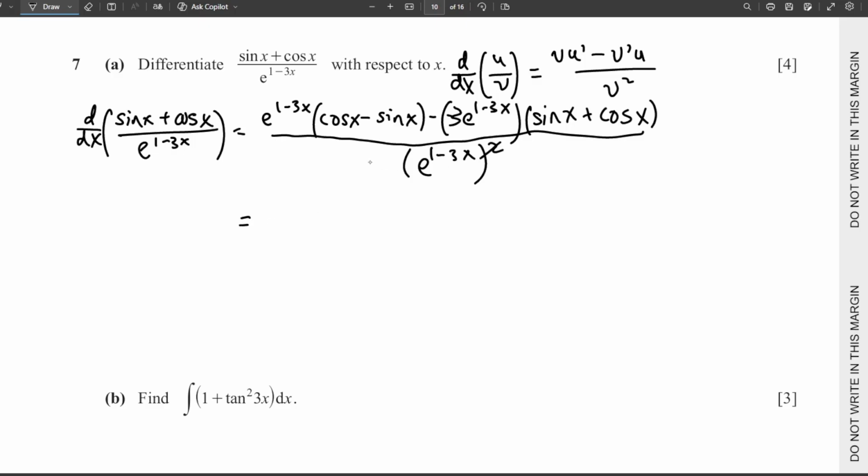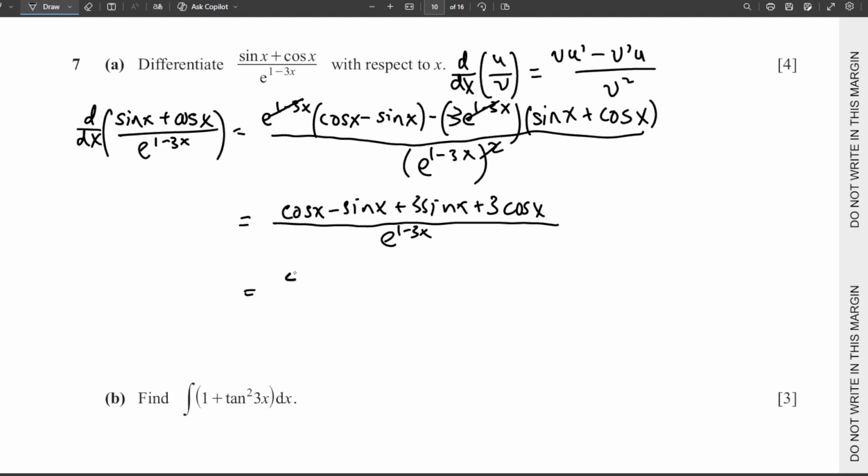Since this is squared, one factor of e to the 1 minus 3x can be removed from both terms, and you're left with cosine x minus sine x plus 3 sine x plus 3 cosine x, divided by e to the 1 minus 3x. So 4 cosine x plus 2 sine x over e to the 1 minus 3x. You should be able to leave it like this, but if you want to simplify, this is a nicer answer.